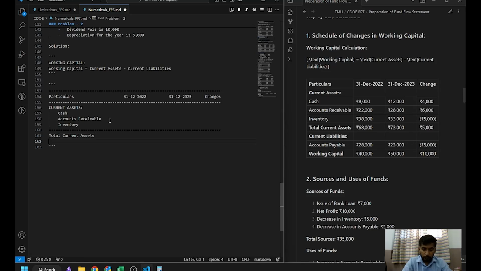Okay. Next up, current liabilities. For the total current liabilities, accounts payable, making my total current liabilities.